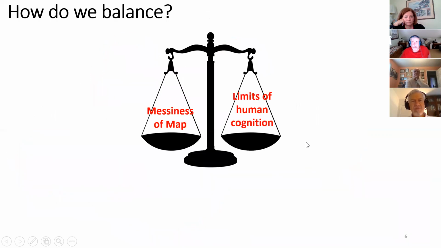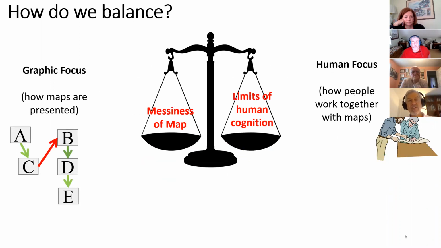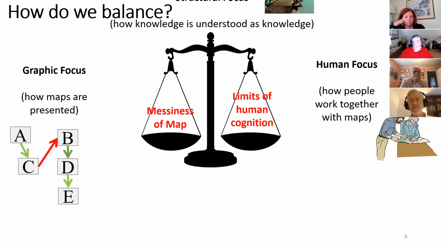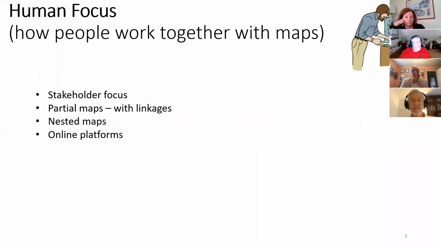So we've got some difficulty here trying to balance out the messiness of the map with the limits of our human cognition. So today we're going to look at the human focus, how people work together with maps, the graphic focus, how those maps are represented, and the structural perspective of how knowledge is understood as knowledge, and an important part of that is how everything is structured.